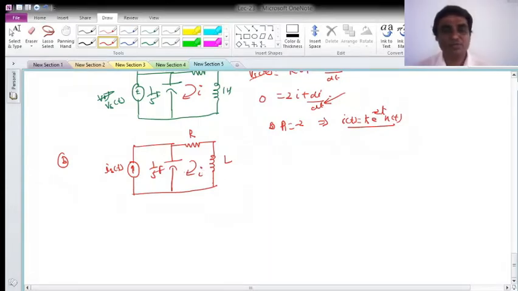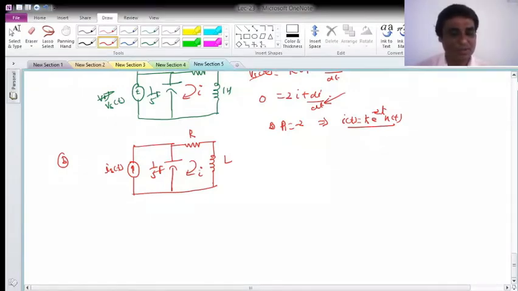Now I observe that I have two independent initial conditions I can set: the voltage across the capacitor and the current through the inductor, so there is no dependency. So the order must be 2, and let us write the equation and solve it, as I can observe no contradiction here.